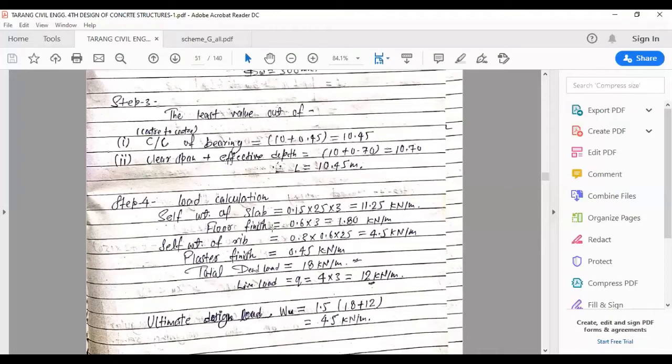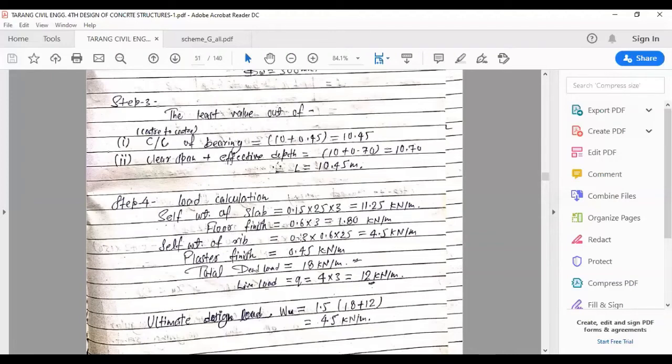The same way, the floor finish will be taken in terms of kilonewton per meter, and it is assumed to be 0.6 meter thick, and it will be multiplied by the total span. It comes out to be 1.8.